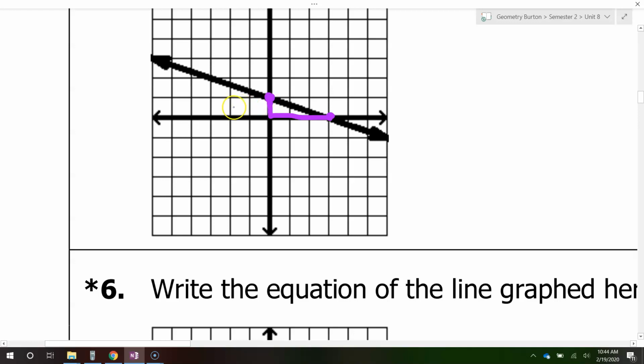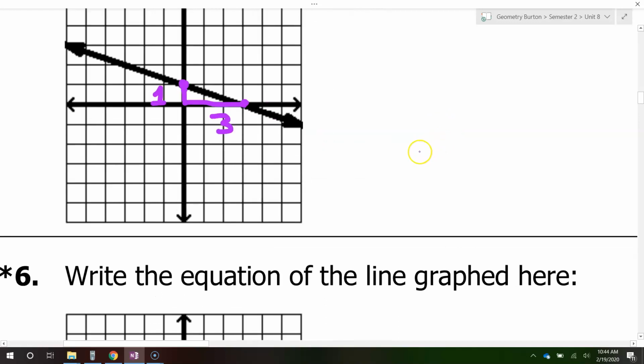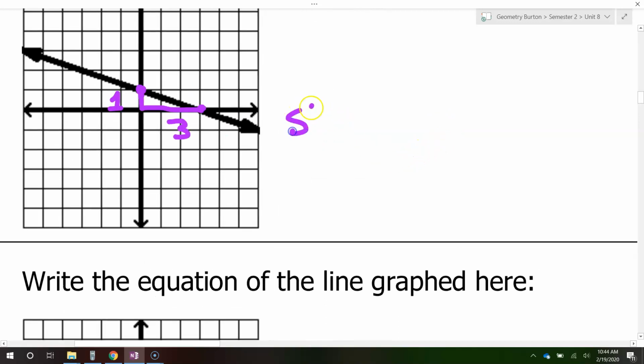As I travel from one point to another, vertically and horizontally, my path will be like this. Okay, so here I'm going down 1 and over to the right by 3. Now, you might have learned a long time ago that slope is rise over run.